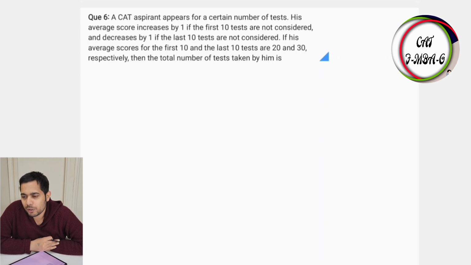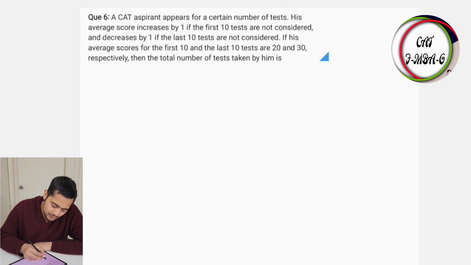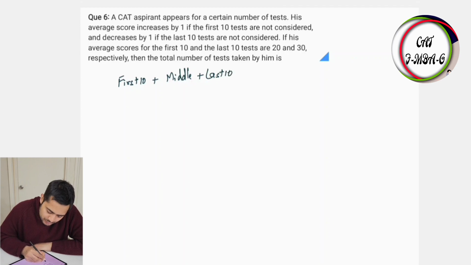So obviously the number of tests is greater than or equal to 20, because the first 10 tests are also there, the last 10 tests are also there. So let's see how to attempt this. First 10 tests plus middle plus last 10, total average.